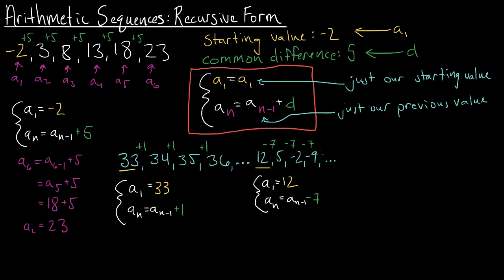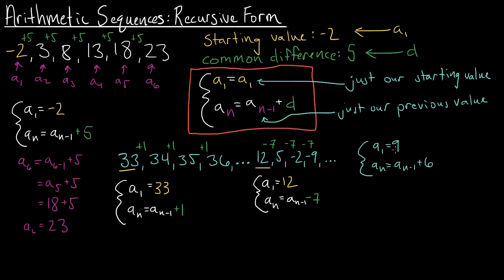Let's say that you are given the recursive form of a sequence, and that recursive form is a sub 1 is equal to 9, and a sub n is equal to a sub n subtract 1 plus 6. So we want to write out the actual terms of this sequence based on this recursive form.